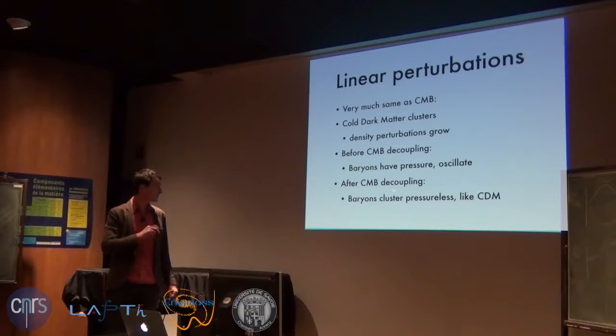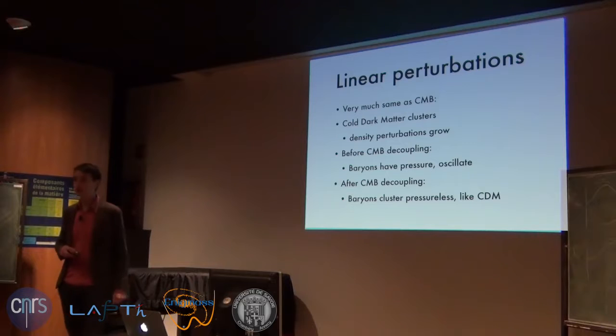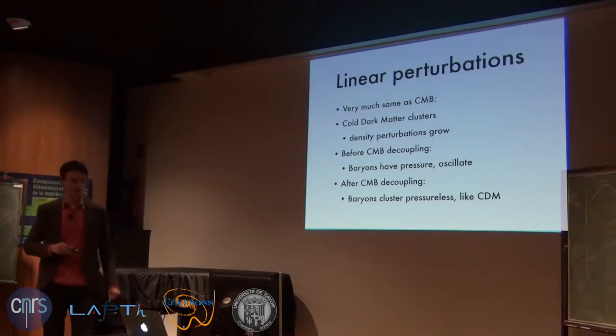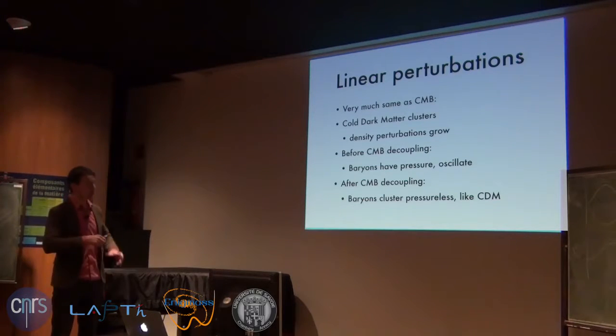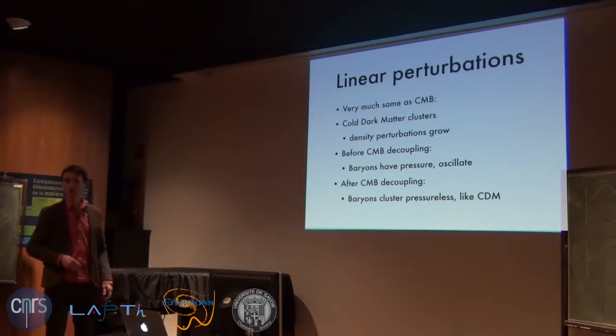And after the CMB decoupling, therefore, the baryons are just massive particles that fall into the overdensities of the fluid under the influence of gravity. Okay? So you have an oscillating plasma, photons decouple, and everything just collapses without pressure.